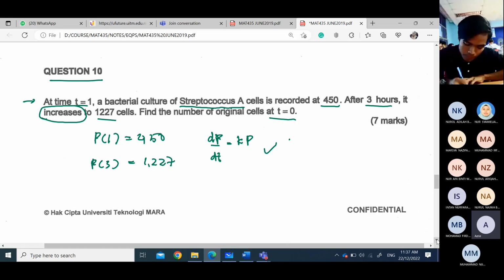Anak jadi P(t) kan. Dah, tu dapat equation ni. Tengoklah kau kena buat simultaneous equation.